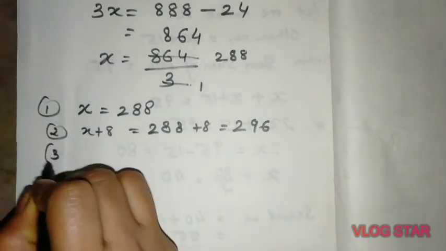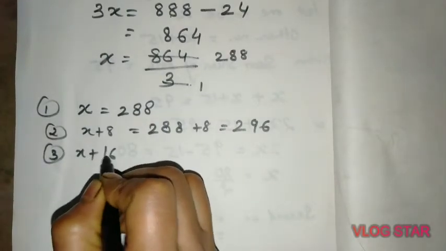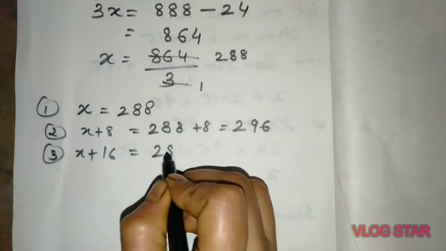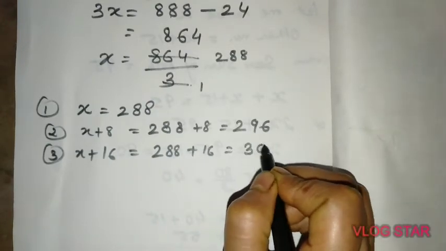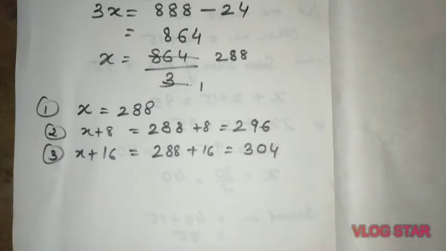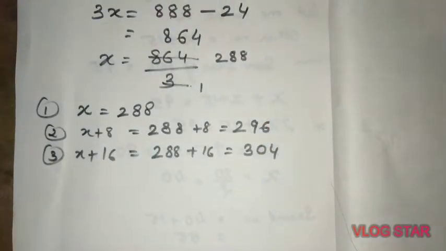And the third number is x plus 16, that is 288 plus 16, which is equal to 304. And you can add these three numbers, you will see that the sum is 888.